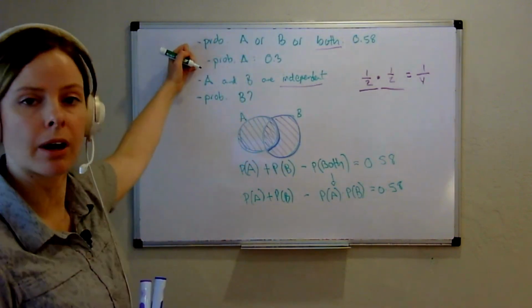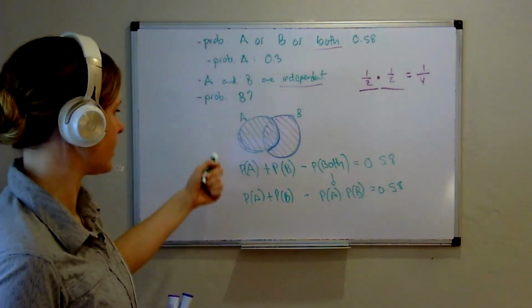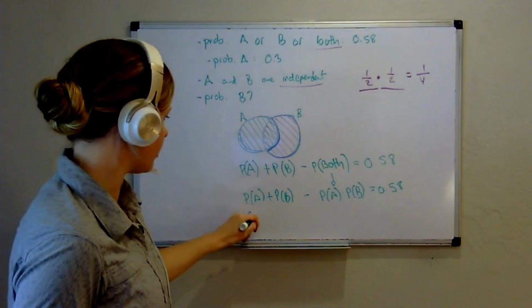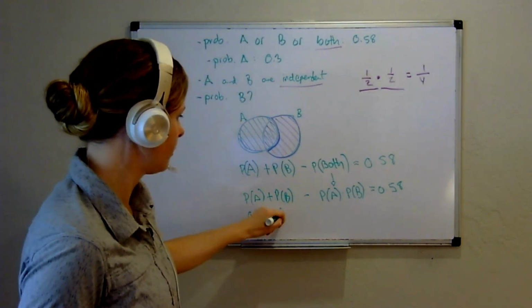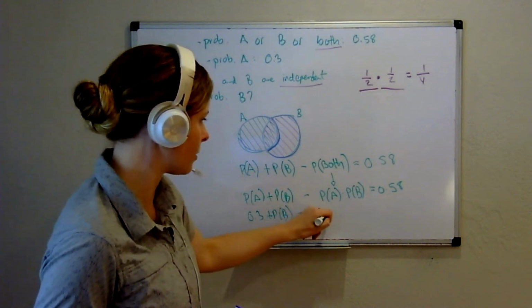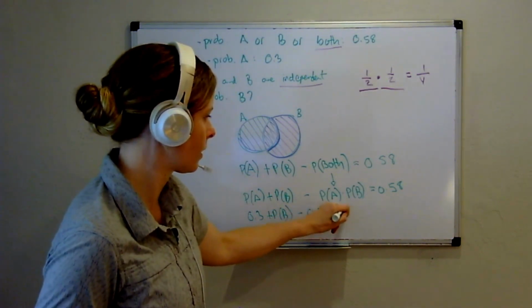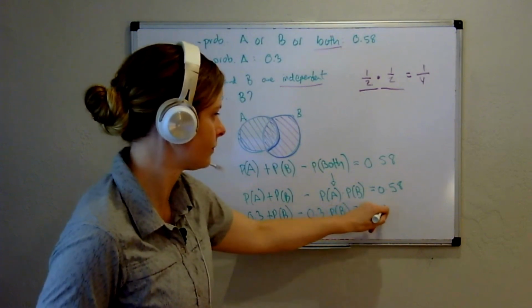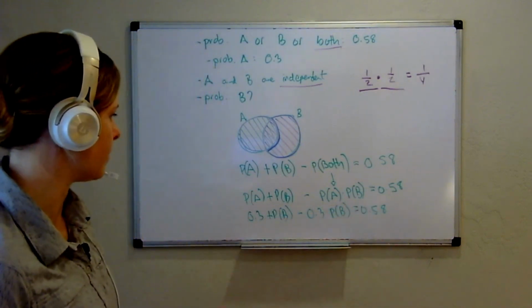Next thing we know is that the probability of A is 0.3, so we'll just go ahead and substitute in. So we get 0.3 plus the probability of B minus 0.3 times the probability of B is equal to 0.58. We can go ahead and simplify this a bit.